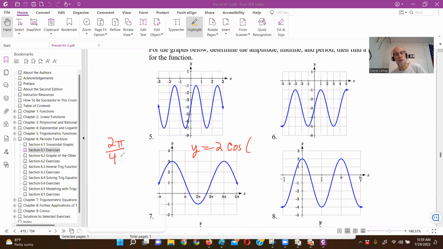In this case, the period is 4 pi. That would be 1/2 x, plus 1, because the horizontal line is y equals 1. I could use a cosine here because it does cross on the midline.